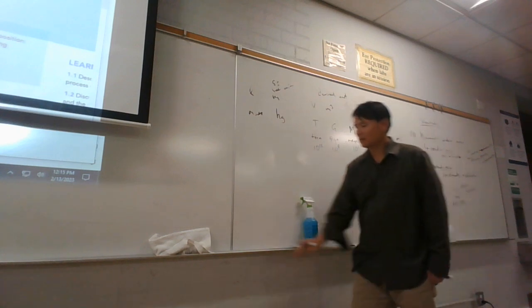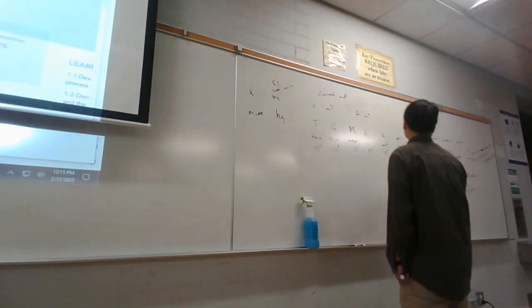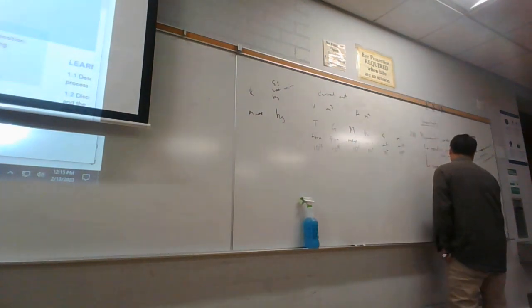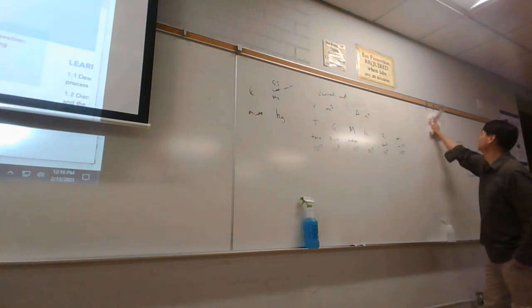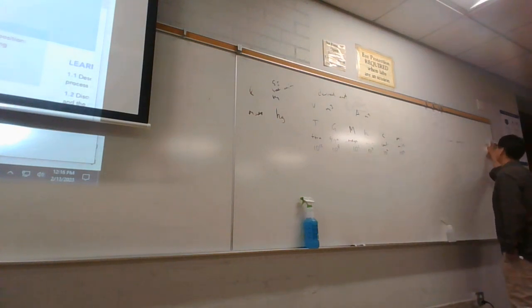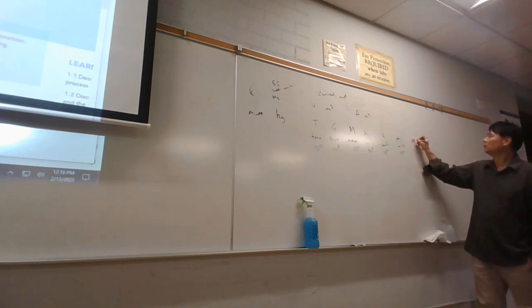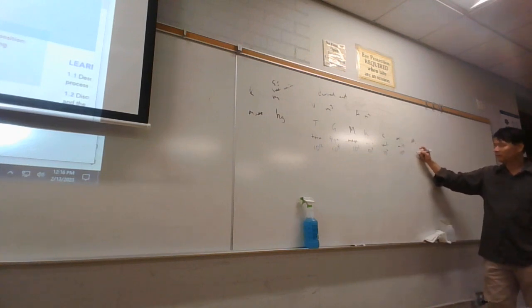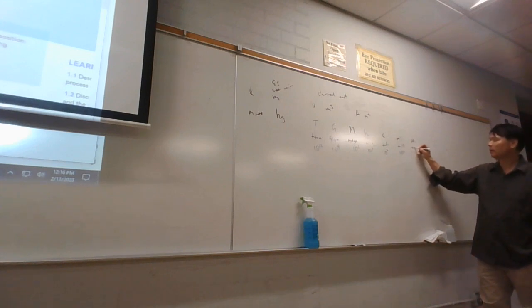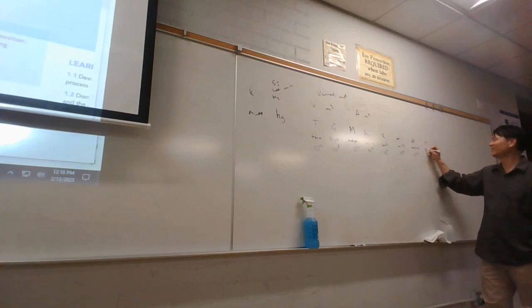And then what else? What's smaller than milli? Micro. Micro gets the Greek symbol mu, and that is 10 to the minus 6. And then nano, 10 to the negative 9.